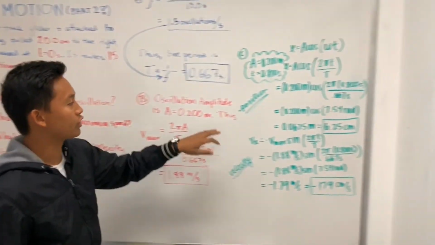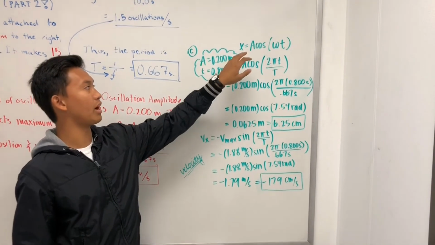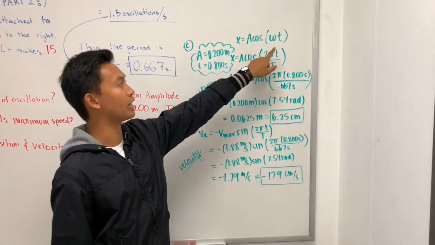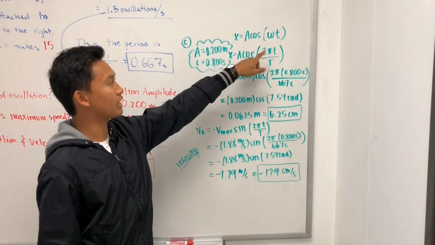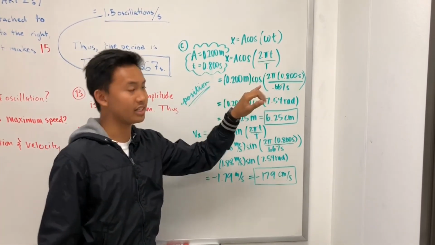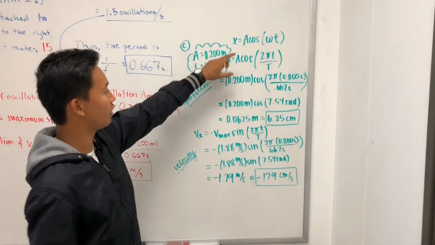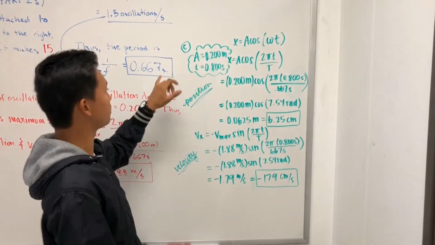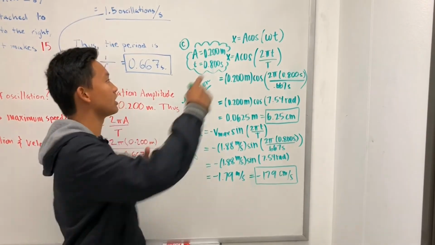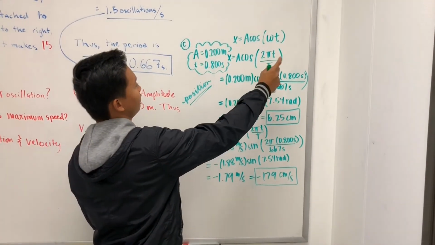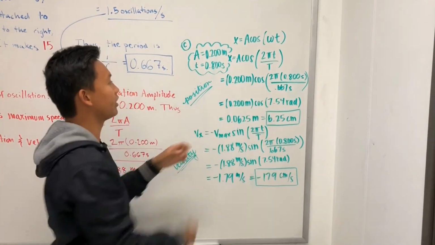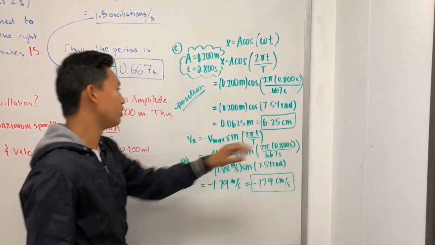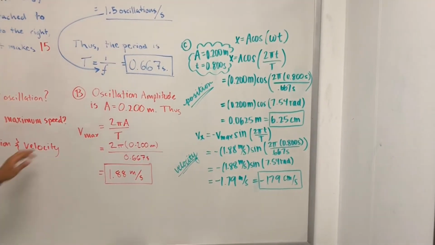Now we're trying to find the position and velocity when t is equal to 8 seconds. First we find the position, which is given by the equation x equals A times cosine of omega t, and omega t comes out to be 2 pi t over the period. You plug in all the numbers that were given, which are A, t, and the period, and you get 6.25 centimeters, which is the position at 8 seconds.